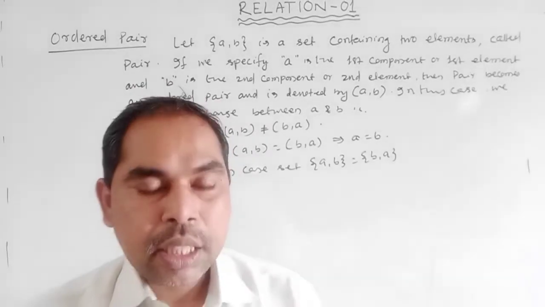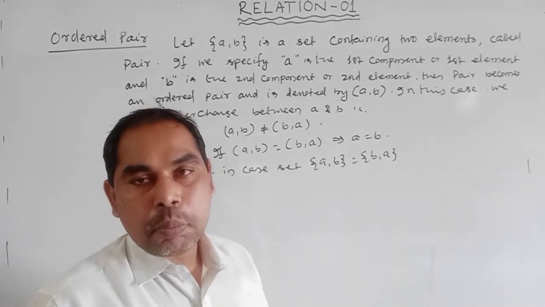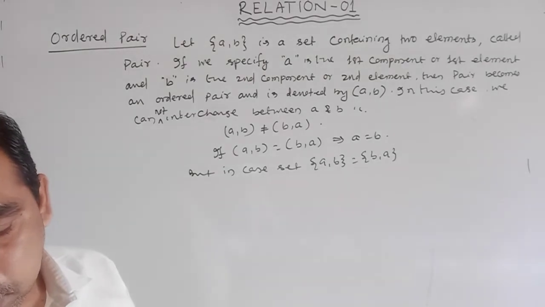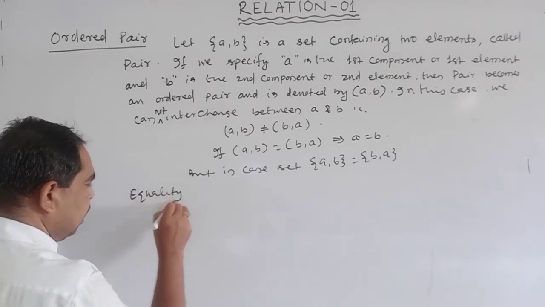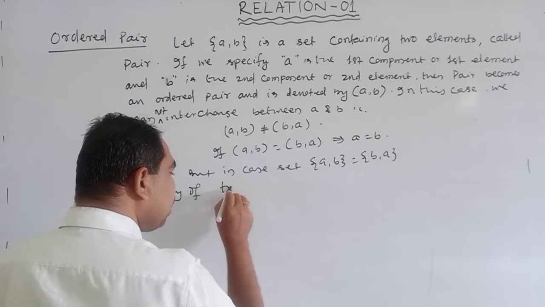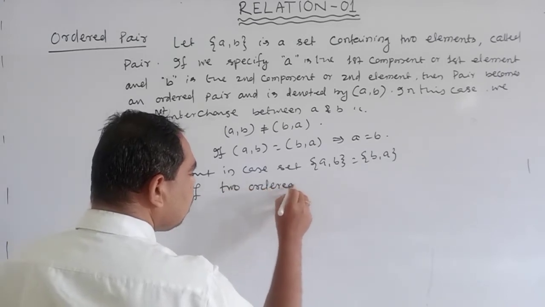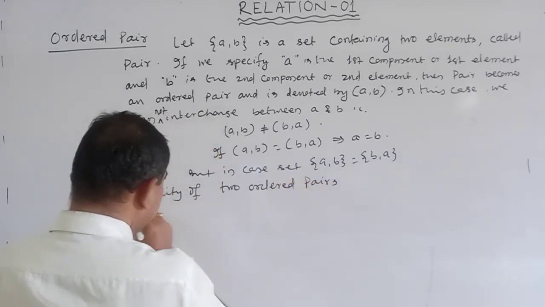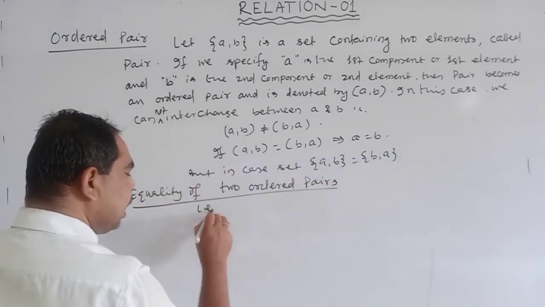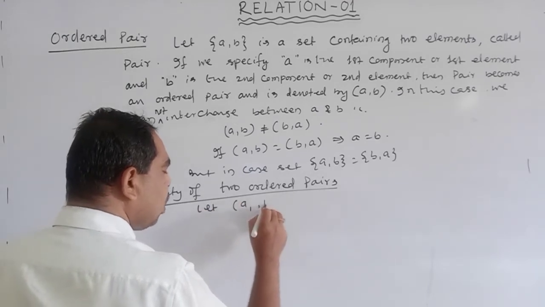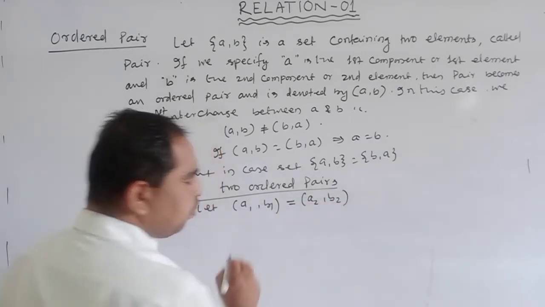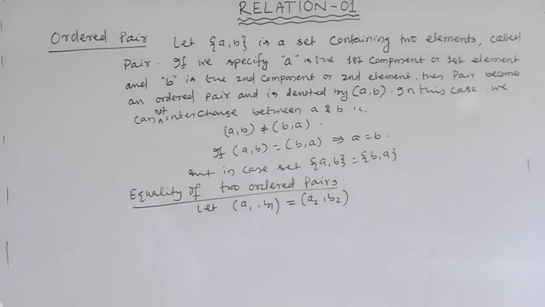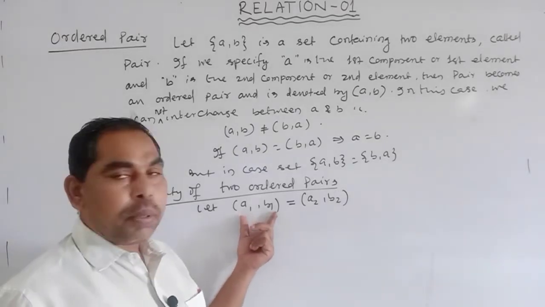Next, equality of two ordered pairs. Let (a1, b1) be equal to (a2, b2). Here (a1, b1) is one ordered pair and (a2, b2) is another ordered pair.